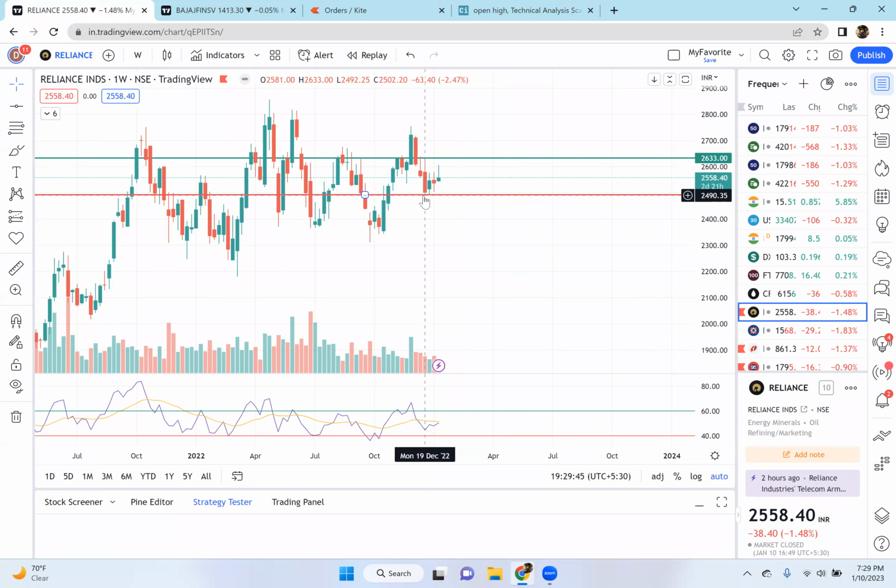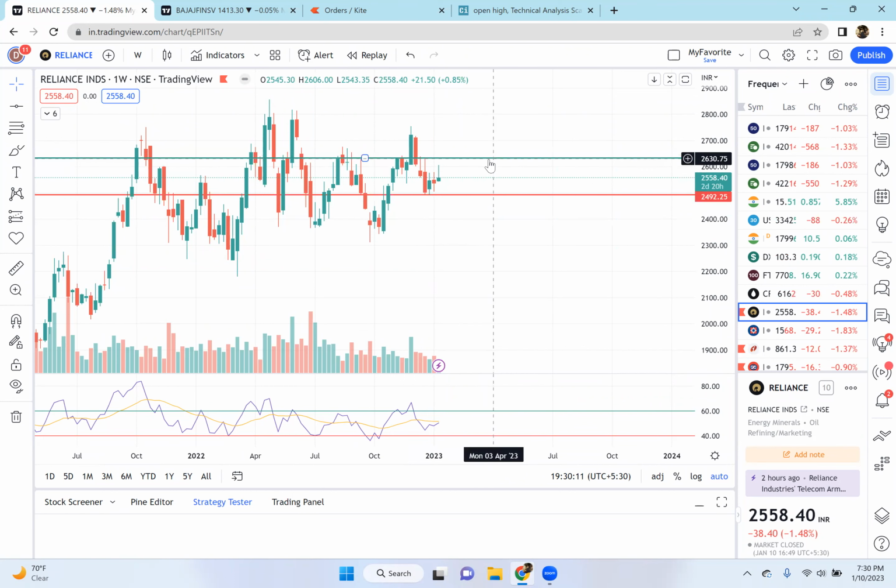You look at this particular candle on the 19th December week. After that, the next candle, the 26th December week, is an inside candle. So far, we have not broken the high and the low of this candle. 2633 is the high of Reliance, and 249.25 is the low of Reliance.